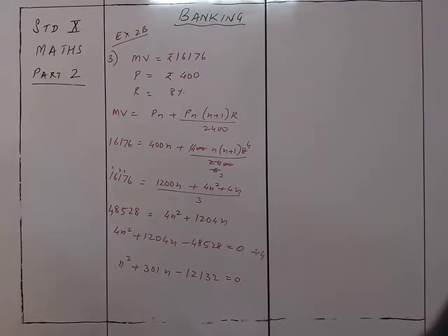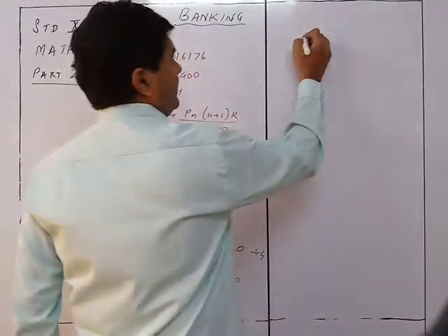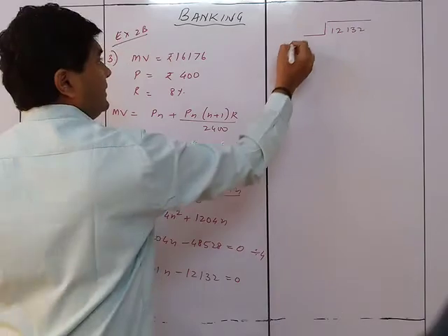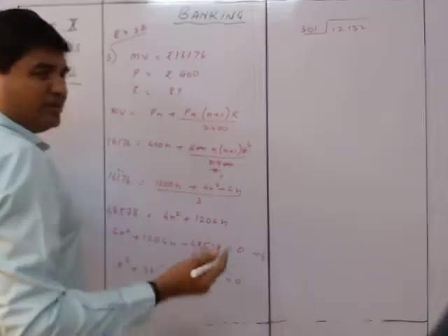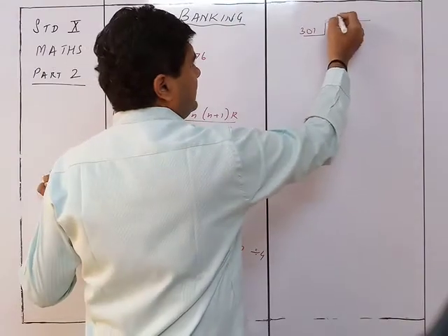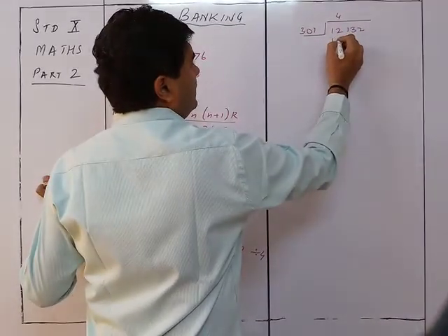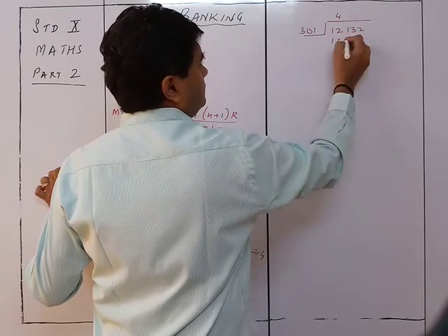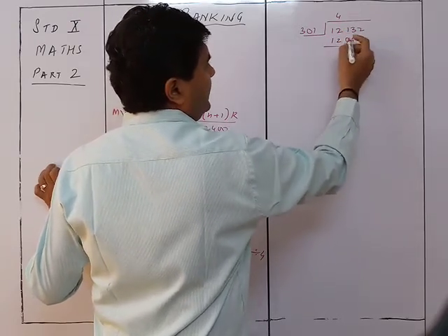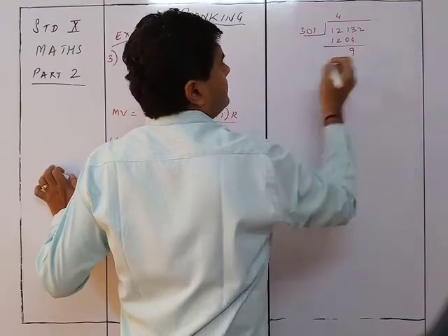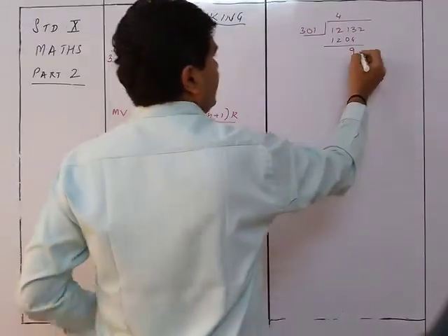Okay. Again the same method, we are going to divide 12132 by 301. We can actually take an approximate also, but anyway we are trying it, so let's do it. 4, this is 1204. So that will give me 992.